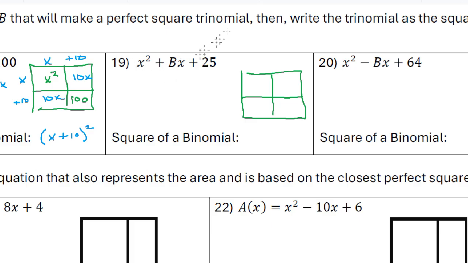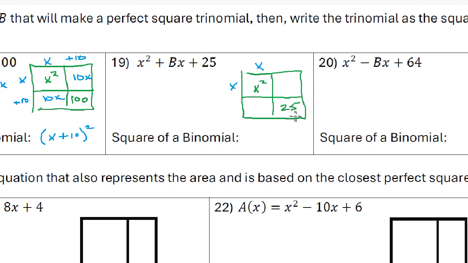So we know the first term is x squared. We know the last term, the c value, is 25. So the question is, first of all, what are our side lengths going to be? We don't know yet, but we know this, class, that this middle term has to be these two squares added together. And if we write our dimensions for this, we know that this is x times x is x squared.